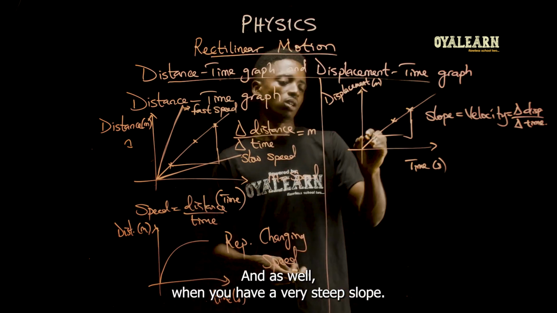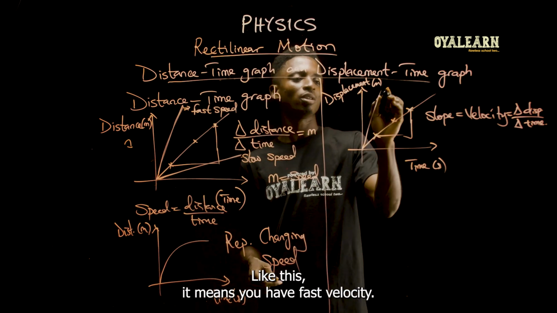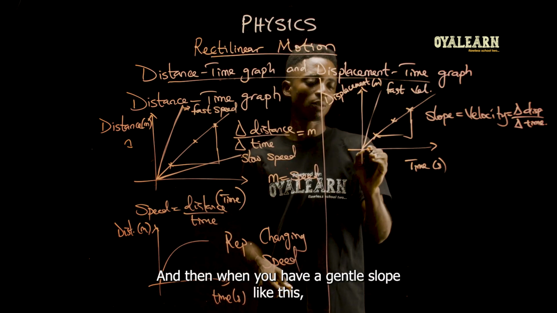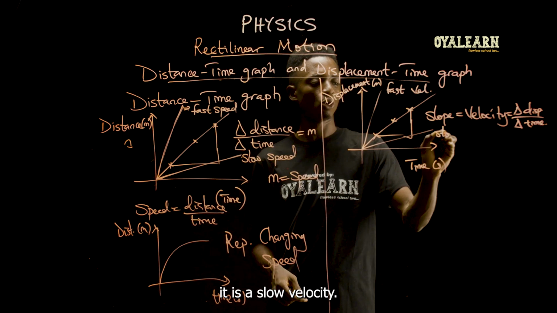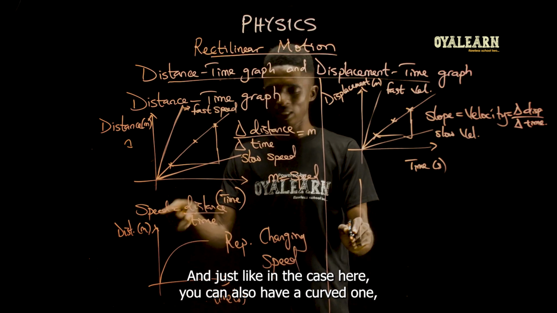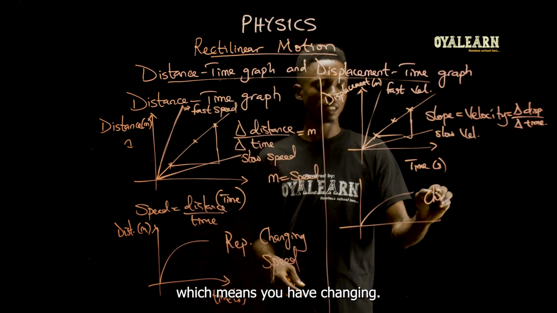And as well, when you have a very steep slope like this, it means you have fast velocity. And then when you have a gentle slope like this, it is a slow velocity. And just like in the case here, you can also have a curved one, which means you have changing velocity.